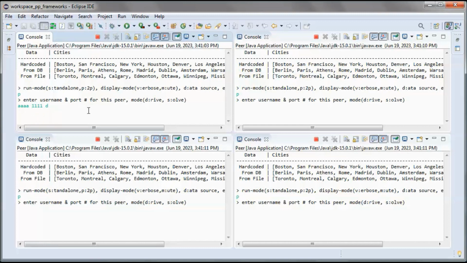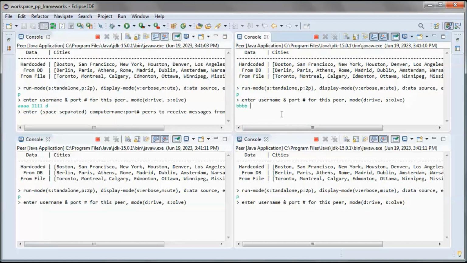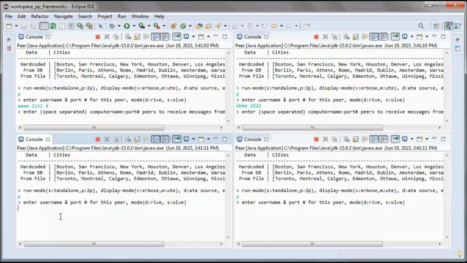And this will be the driver peer, and the other three will be trying to find the shortest route.